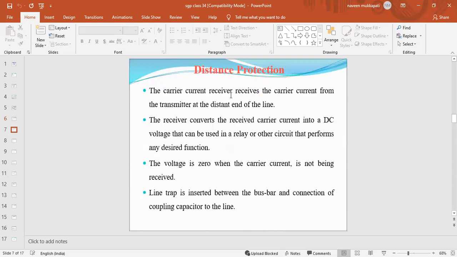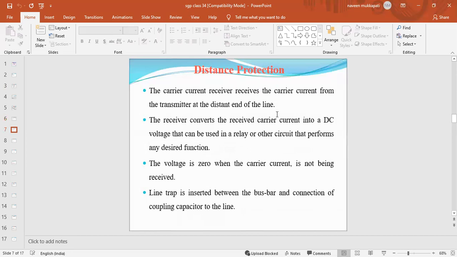The carrier current receiver receives the carrier current from the transmitter at the distant end of the line.